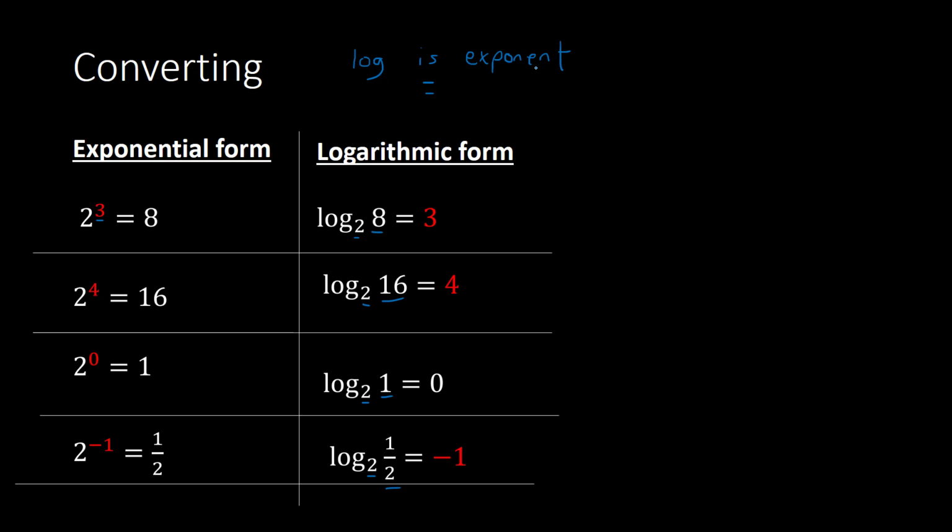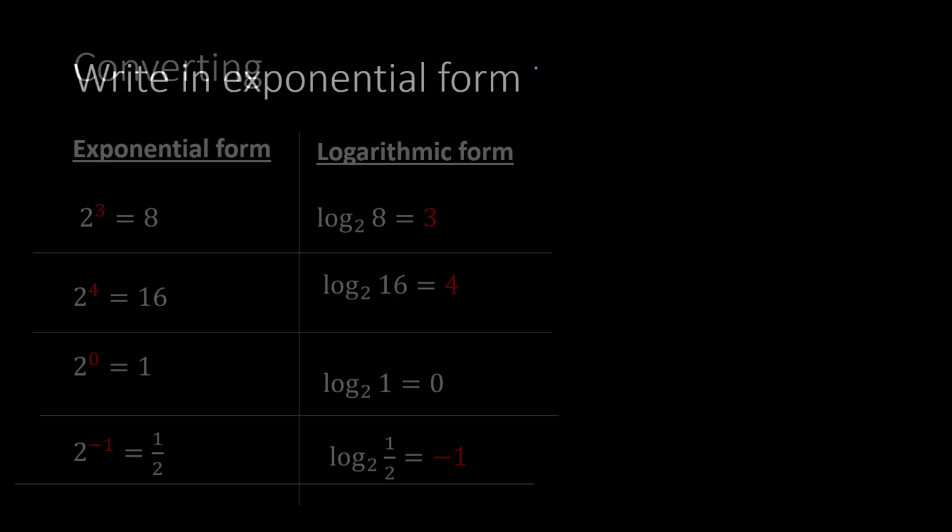So the remainder of this lesson will be simply going back and forth between exponential form and logarithmic form. Here we want to write the following in exponential form. So we are given a logarithm, and we want to write this with exponents. Well, remember, it's all about pattern recognition. We said a logarithm is an exponent, right? So the 2 is going to be your exponent.